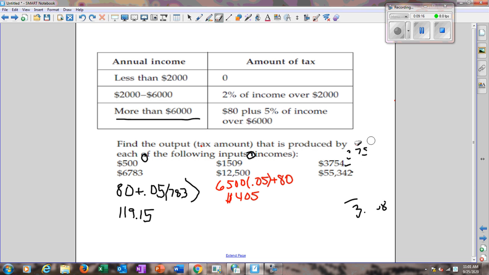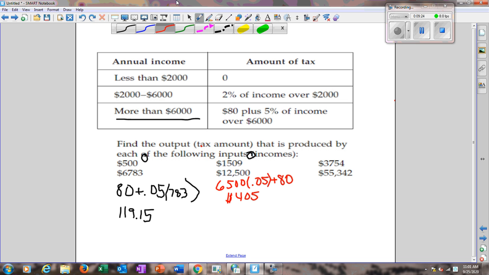Last one here is 55,342. We're going through the same process. Subtract 6,000 from that.